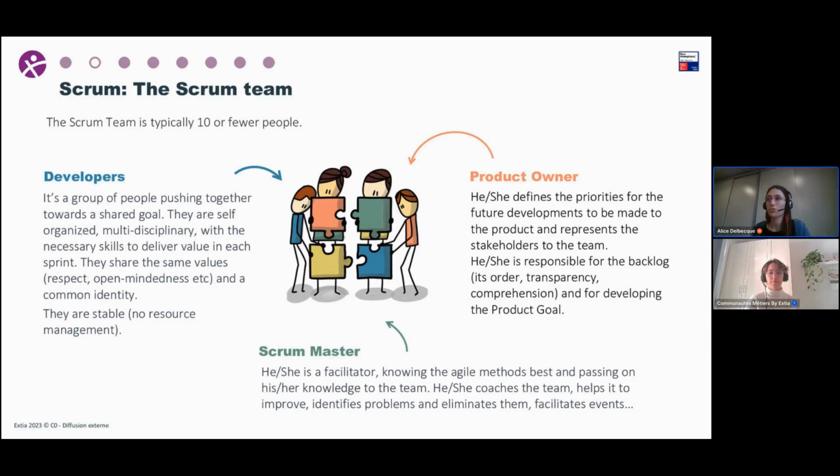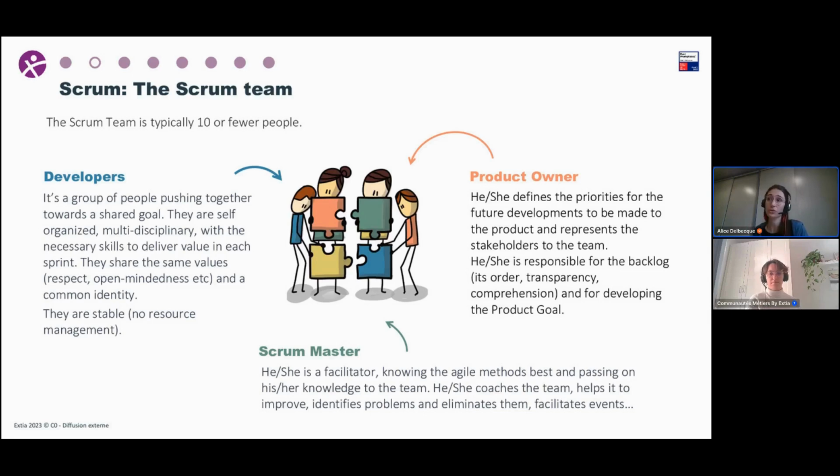It's also the person who develops and communicates the project goal. Why are we doing this project? And this is not a manager. He is not responsible for the developers, for instance. No, he is a member of the Scrum team, exactly at the same level as the developers.